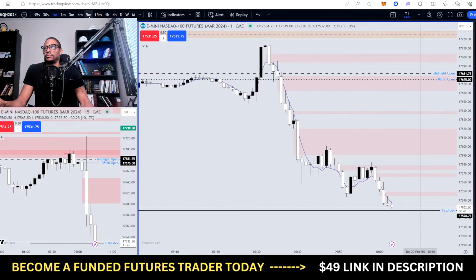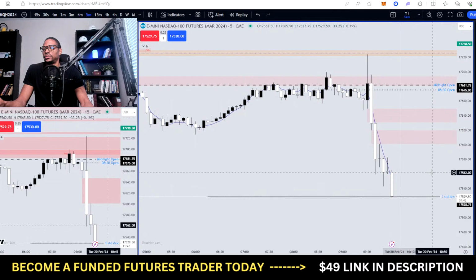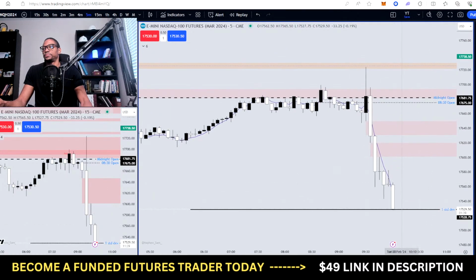Let's pick this back up to the 5 minute. There's that standard deviation being traded through. And we're still bearish on all time frames from the 5 minute to the 4 hour.